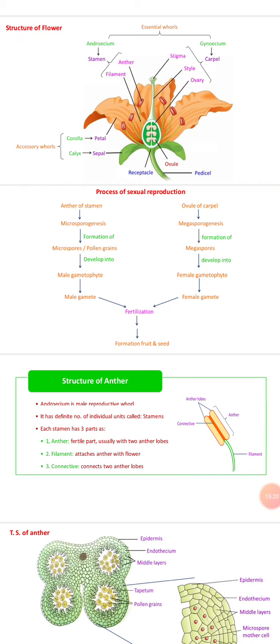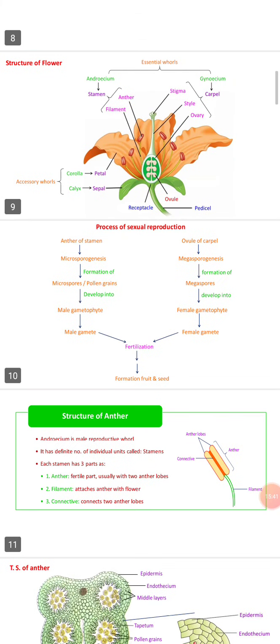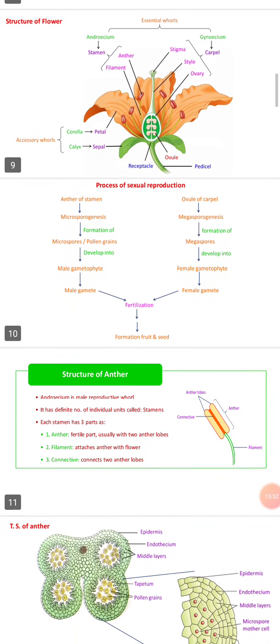The others are accessory floral whorls: calyx and corolla. If you observe the flower from the outermost side, the calyx is green in color, and each part of the calyx is a sepal. The sepals may be 5 or 4, depending on the type of flower. In the corolla, you must have seen the different colored petals in different varieties; those petals unite to form the floral whorl called the corolla.